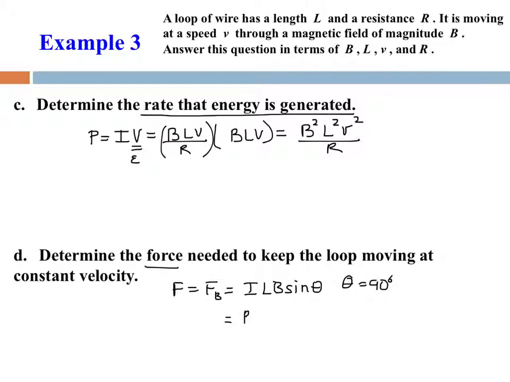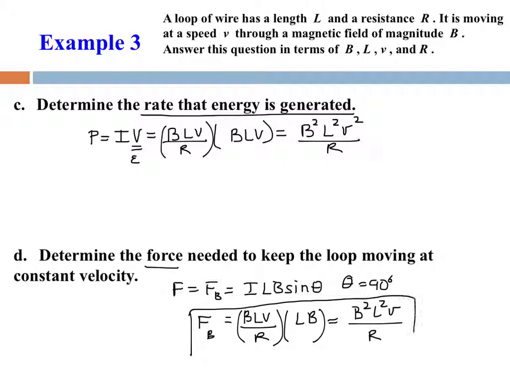Our current is from before, BLV over R. Again, we get B squared L squared V over R equals F, the force needed to be applied in order to move at a constant speed.